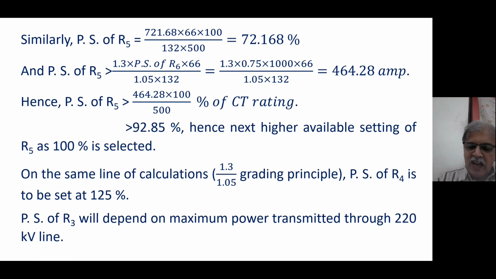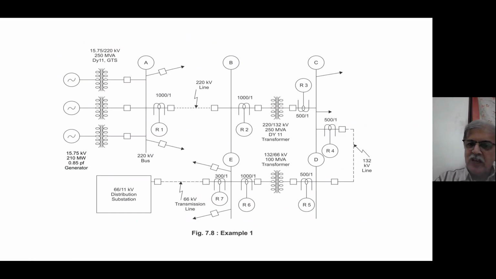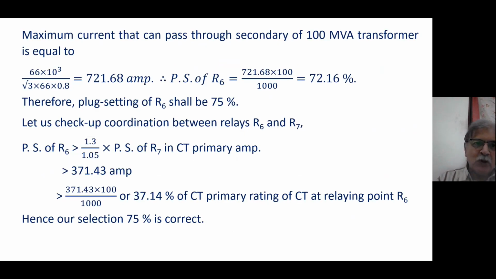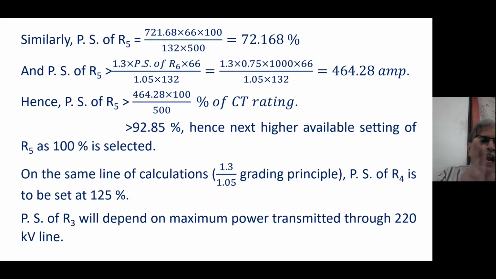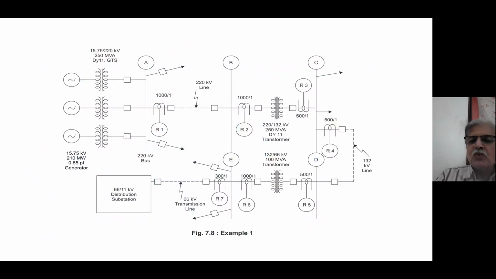On this similar line, if you say R4, between R4 and R5, there is nothing, only 1.3 divided by 1.05 principle will work. And therefore, the plug setting of R4 is going to be 125%. PS of R3 is going to depend on 220 kV line current, right? And that is 197 megawatt.